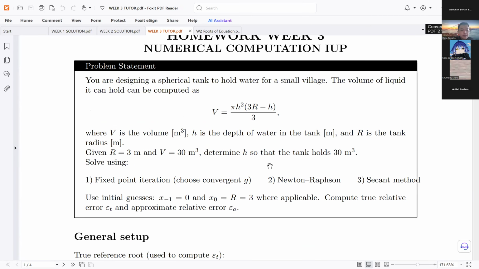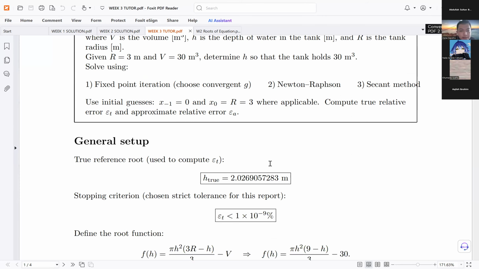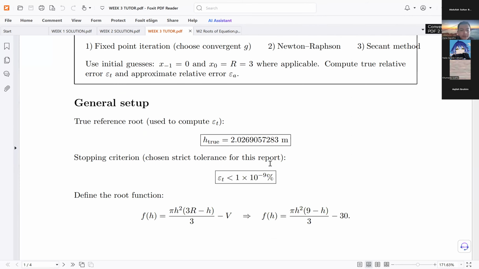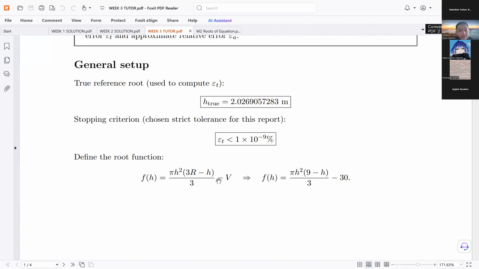The first method is fixed point, the second is Newton-Raphson, and the third is the secant method. Use initial guesses 0 and 3. Compute the relative error and approximate relative error, which is still the same, with the reference root like that. And for the stopping criteria, I use this one, which may be different because I assumed it by myself.